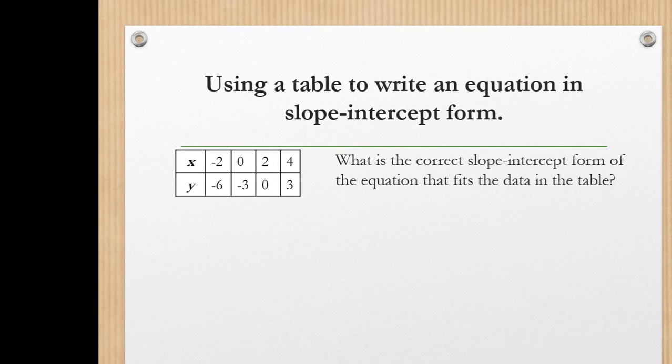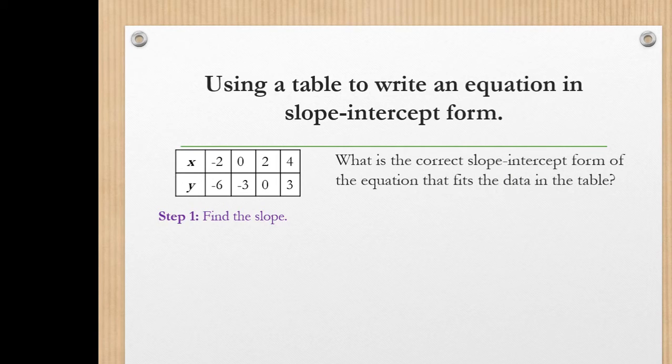Now we are going to use a table to write an equation in slope-intercept form. So this is very similar to what we did earlier, except this time you get to choose more. So we want to know what is the correct slope-intercept form of the equation that fits the data in the table. Same thing as the previous slide, we want to find the slope.